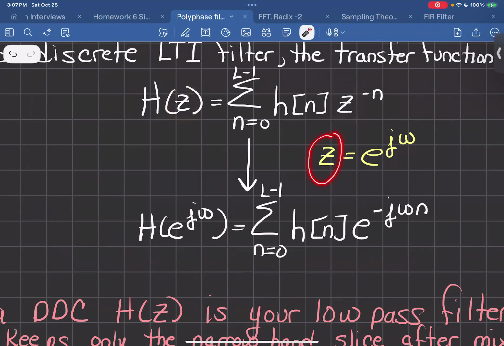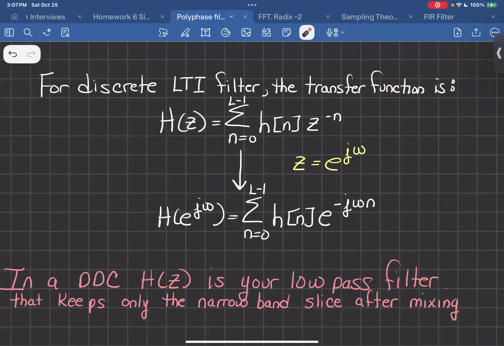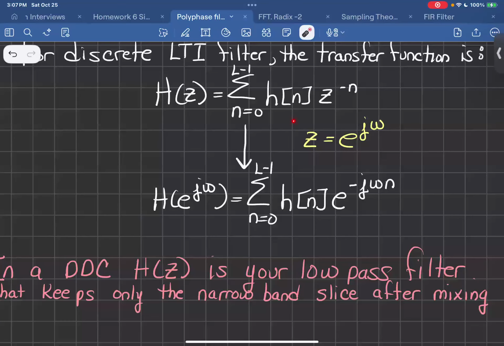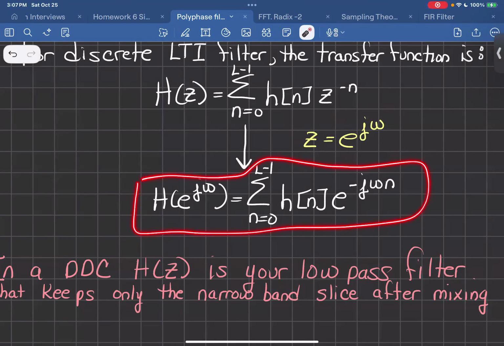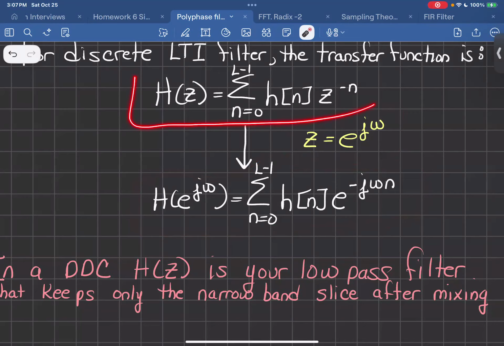Well, z's are the same as e to the j omega. This is our transform in our discrete frame. So in the discrete world, we use the z transform. So z is simply e to the j omega n. This is the equation you're used to, and this is a convenient shorthand.